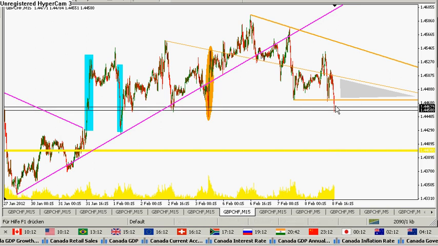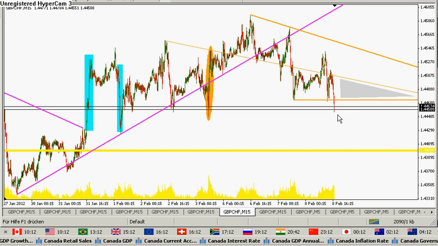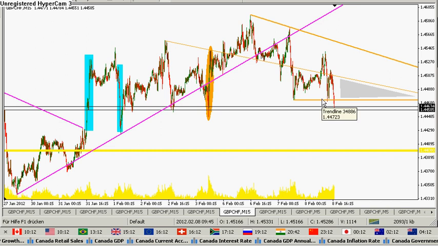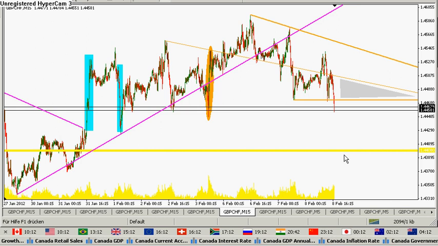So here and a break above 144.72 pound, and these are for me buy zones if you want.